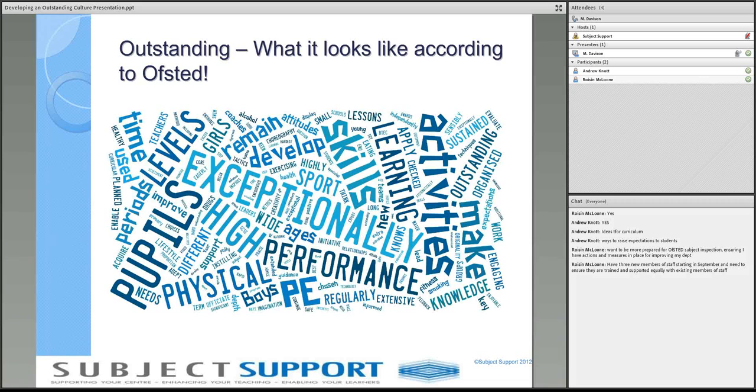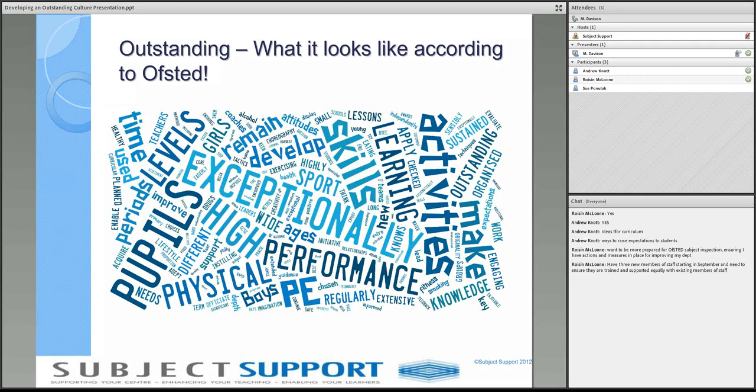It's an overall bigger picture of what Ofsted will look for. We can see the key words are exceptional, pupils, performance, physical, activities, skills and learning. All important keywords in terms of what Ofsted are looking for in lessons and indeed of progress over time.